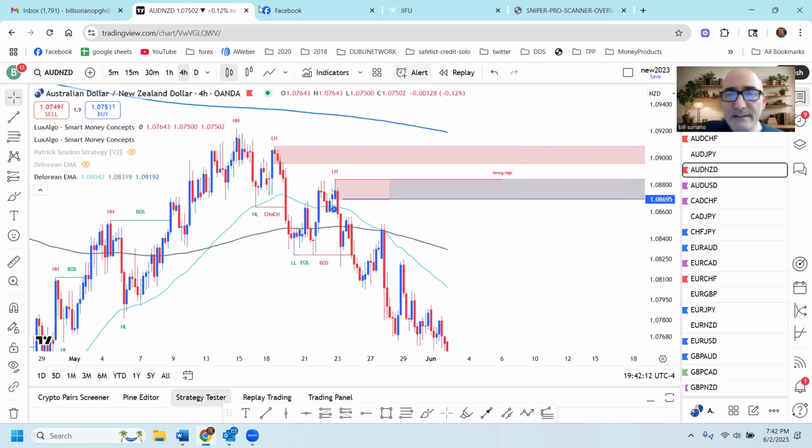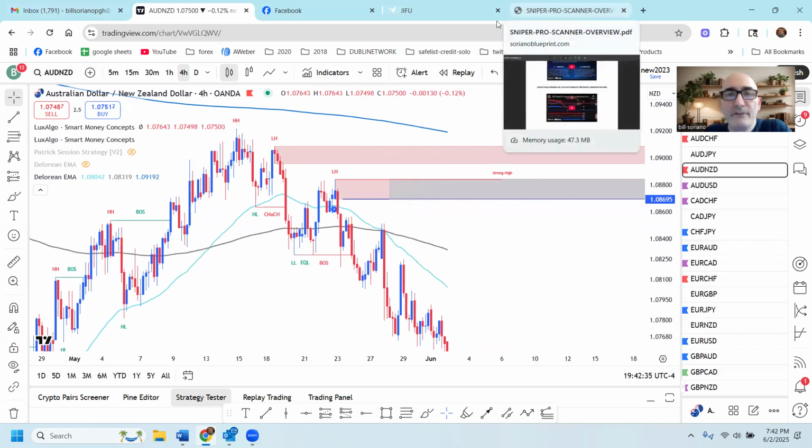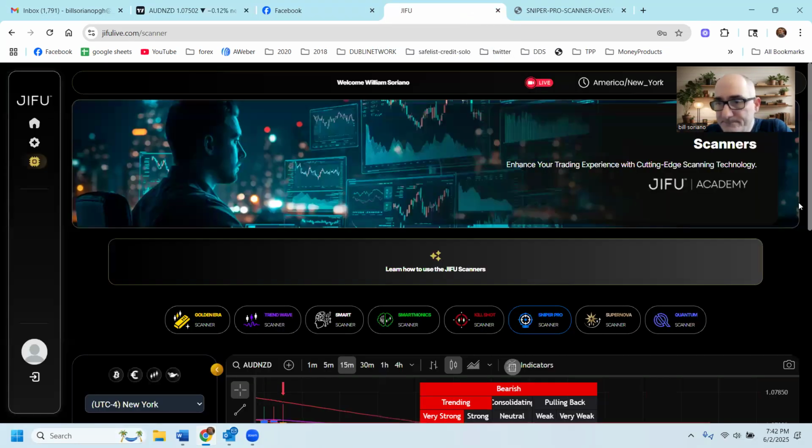We could see price is well below the 800 EMA, which is the blue line here, and the 50, which is the aqua line, is below the gray, which is the 200. Okay, so that makes this bearish. You can see I put little flags here on my pairs, so that all I need to do is come here and look. I could see that's bearish. I don't even have to open up the chart. So we know that we're trading with the trend, right?